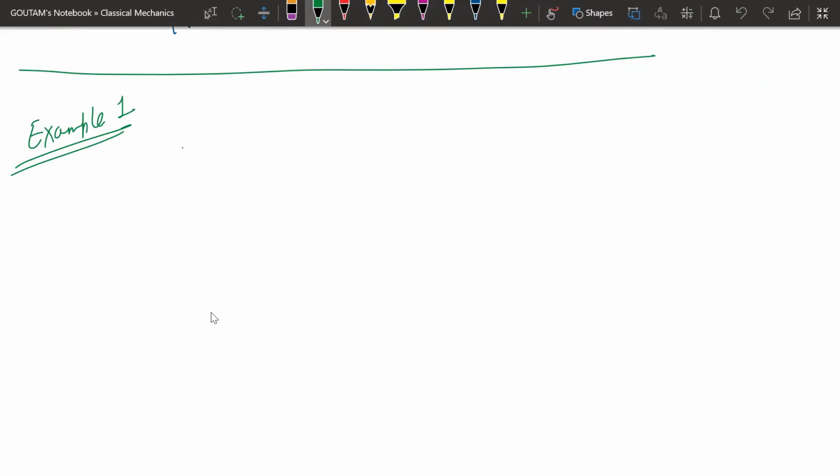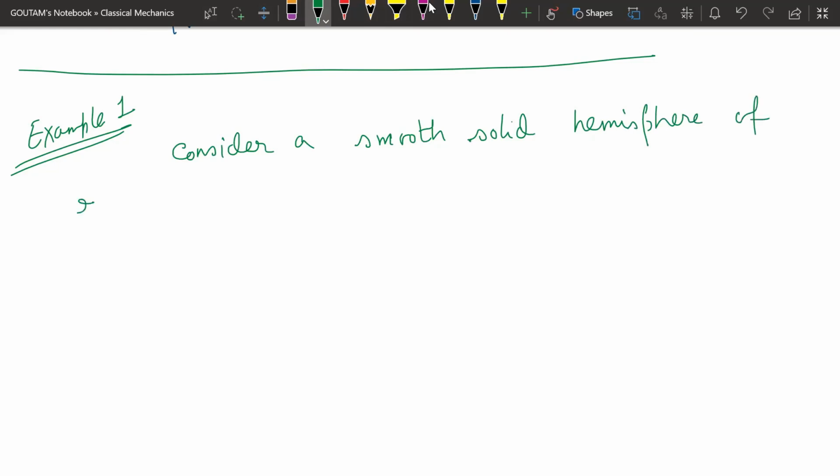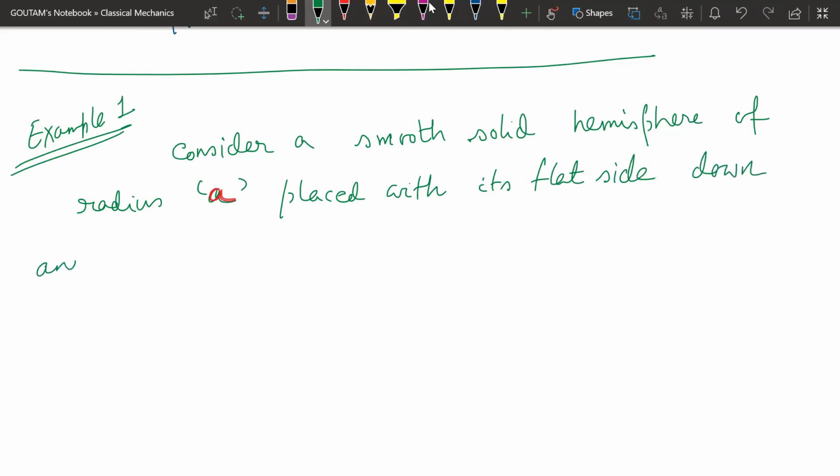The problem statement is: consider a smooth solid hemisphere of radius a, placed with its flat side down and fixed to the earth.